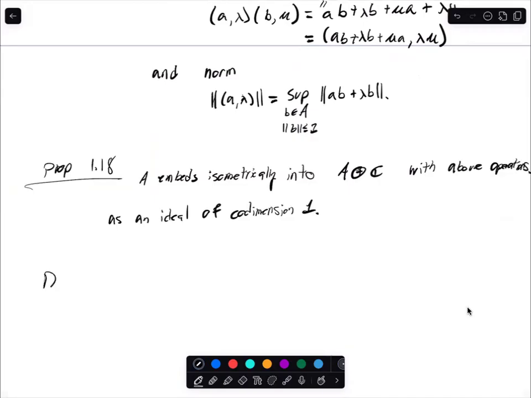So we denote the unitization by A tilde.